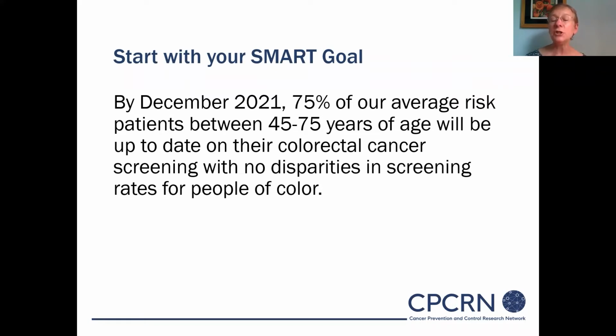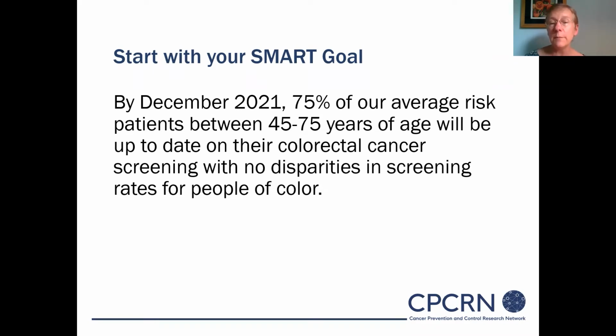In addition to your SMART goal, as we reviewed in the first session, by the time you are selecting an evidence-based intervention, you've got your needs assessment, your community needs assessment, and you've talked to your stakeholders. You've learned a lot about what factors may be contributing to this problem in your population, what resources are available to address this problem, and what populations are at greatest risk.